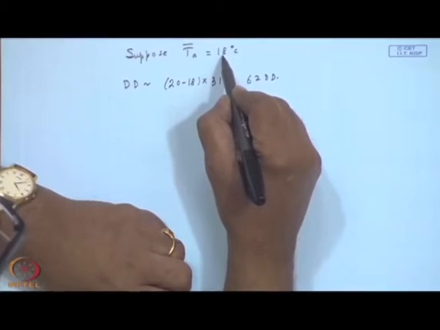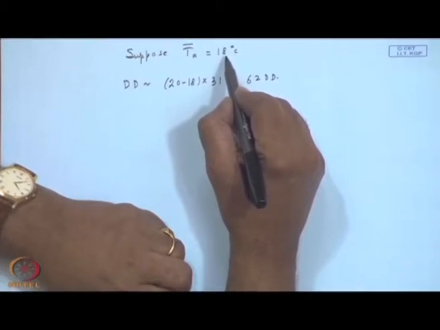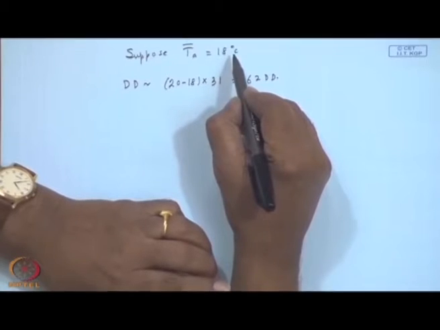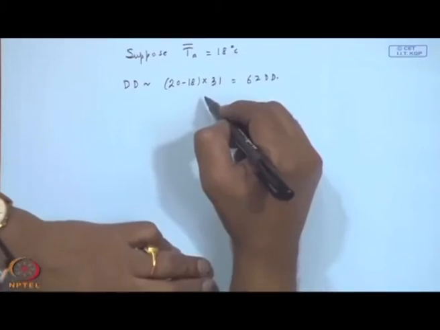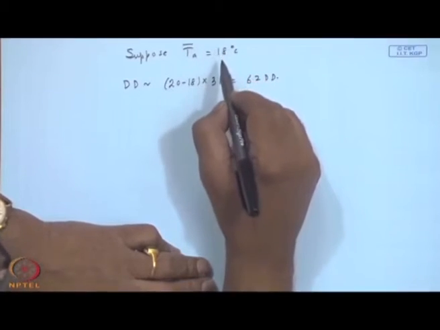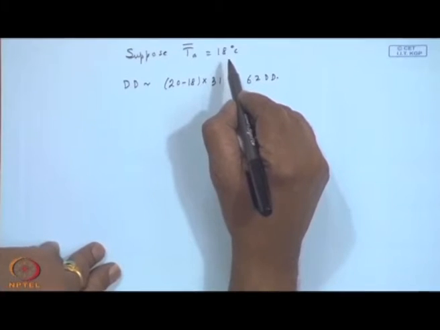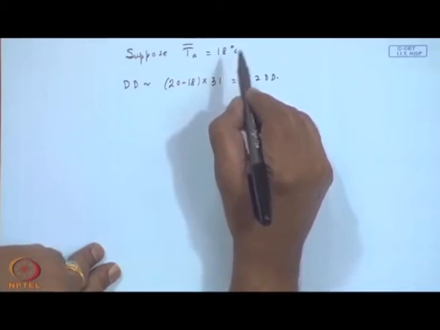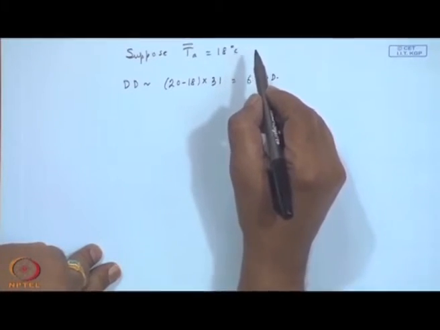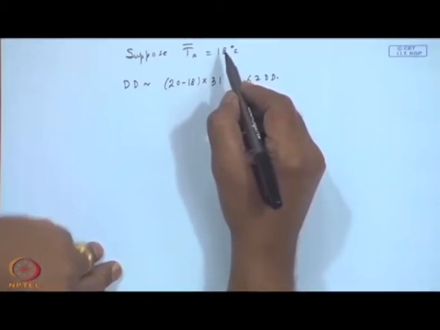When it is T A bar 18 degrees, pretty close to 20 degrees, chances are there will be certain days above 20 degrees centigrade, which do not contribute in the degree days, although they have raised, not unnecessarily, the ambient temperature. Similarly, if you go hour to hour, there will be even more variation. So, as this T A bar goes closer to 18 degrees, the error will be much larger.